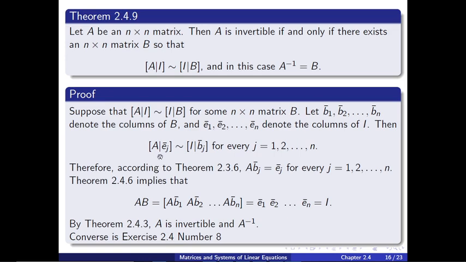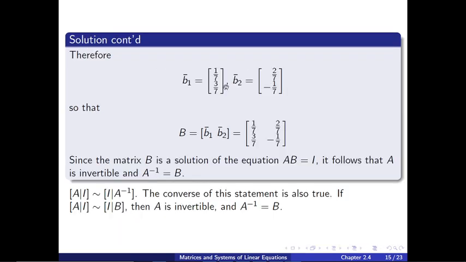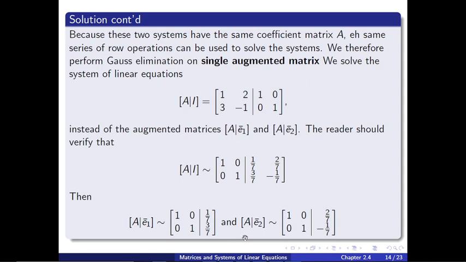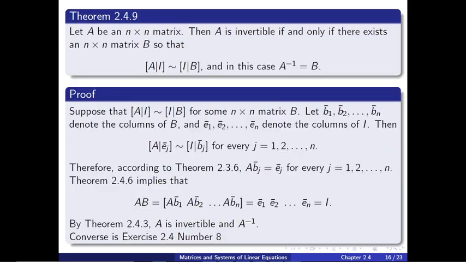Then [A|Ej] will be row equivalent to [I|Bj], right? So remember what we did in the example here. If we take [A|E2], we are going to get B2, right? If we take [A|E1], we are going to have B1 on the other side, right? So that's what we are just talking about here.